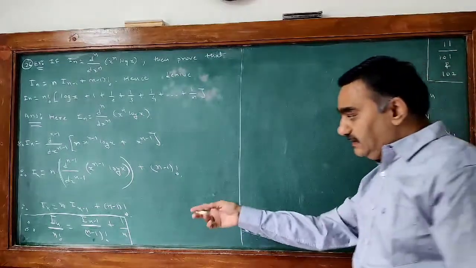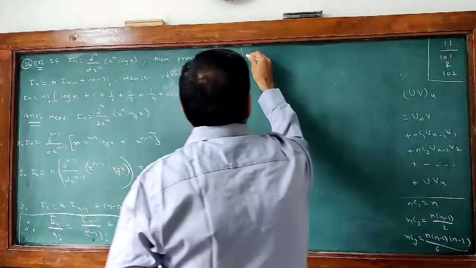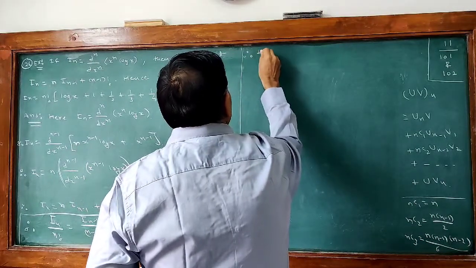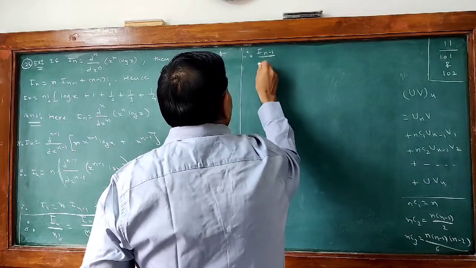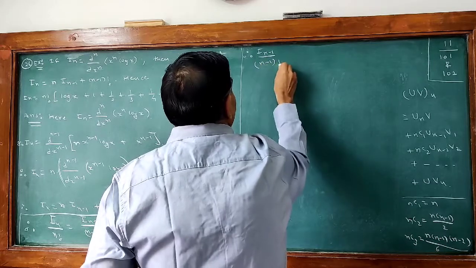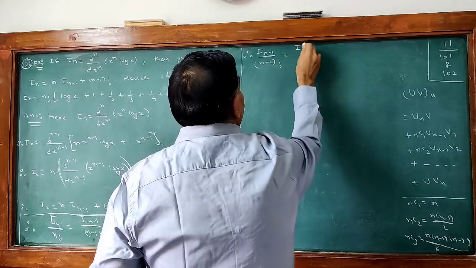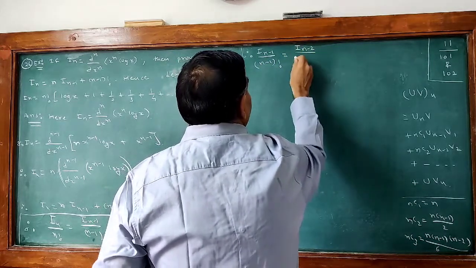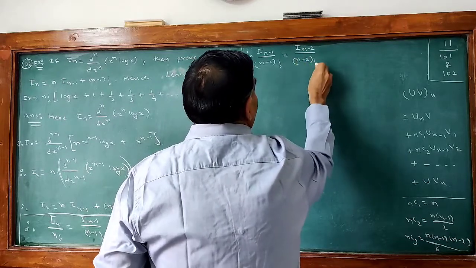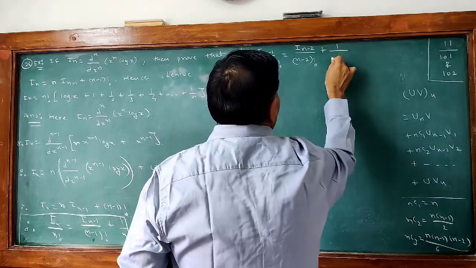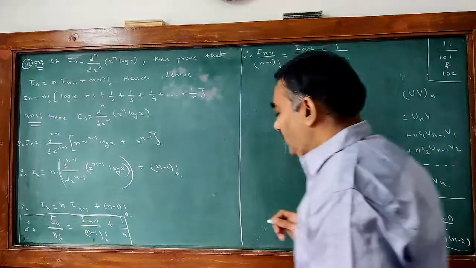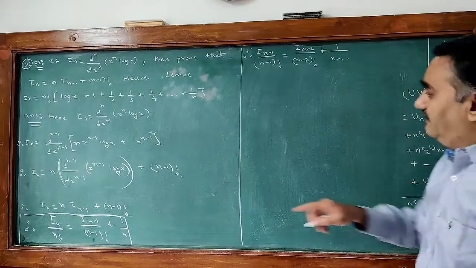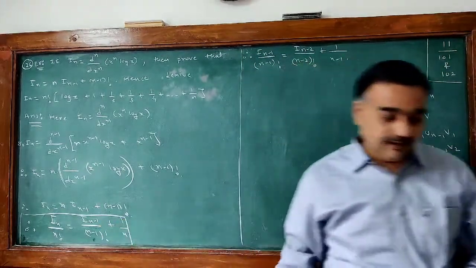Now we apply this equation for I_{n-1}/(n-1)!, which is equal to I_{n-2}/(n-2)! plus 1/(n-1). We apply the same, but with n replaced by n minus 1.